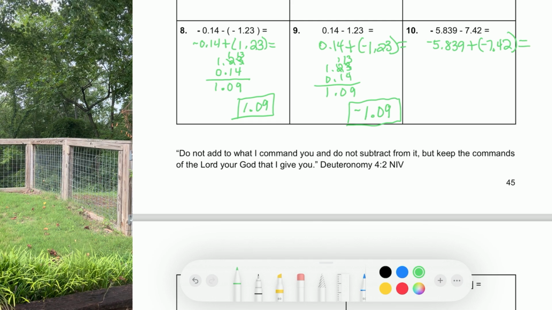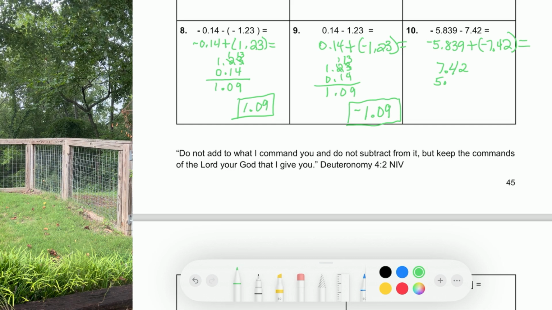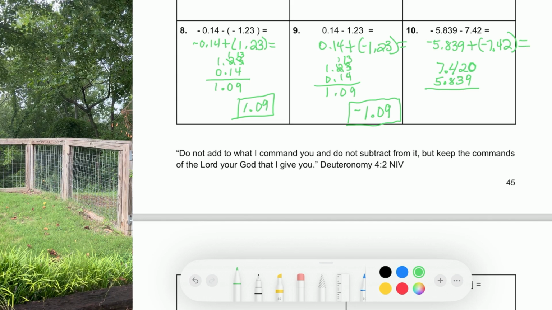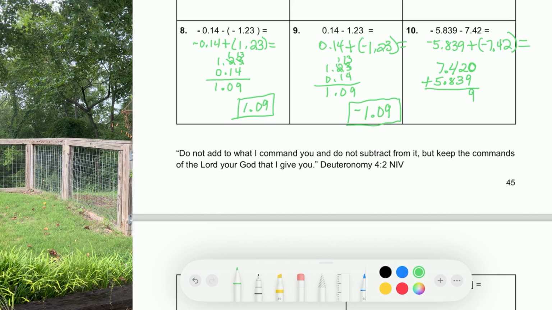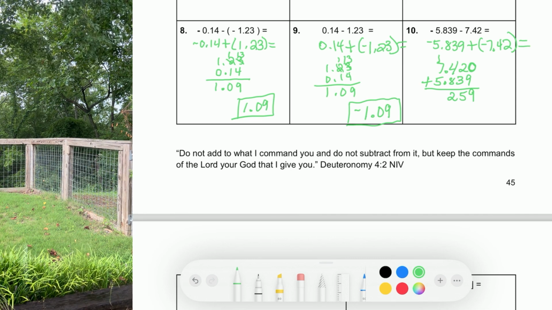Now we have the same sign, both negative, so that means we're going to have to add and keep the sign. So I'm going to line up my numbers with my decimal. I'm going to put my place value 0, my placeholder, 0, my dinosaur egg. 9 plus 0 is 9, 2 plus 3 is 5, 4 plus 8 is 12, carry the 1. 7 plus 1 is 8, plus 5 is 13.